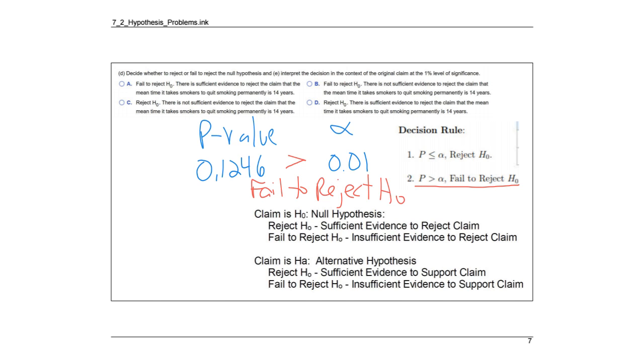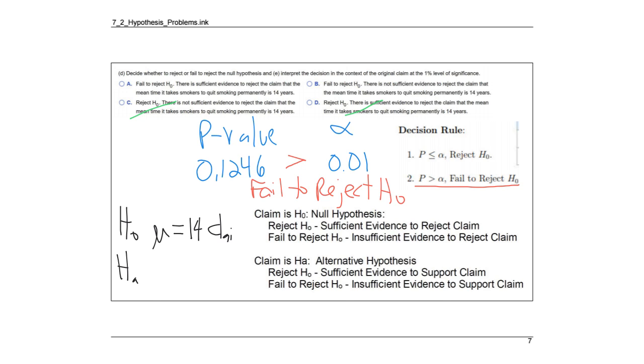Okay, so let's look above. Looks like I can get rid of C because that's reject, and I can get rid of D, but I still have A and B. So I have to go back and look at my original null hypothesis and alternative. So I had that mean was equal to 14.